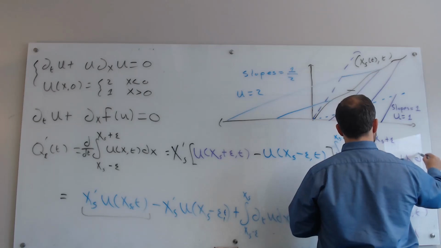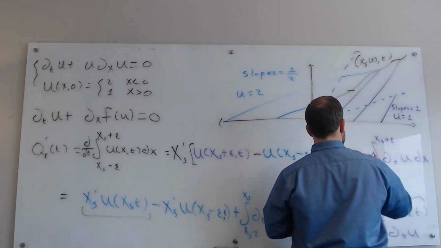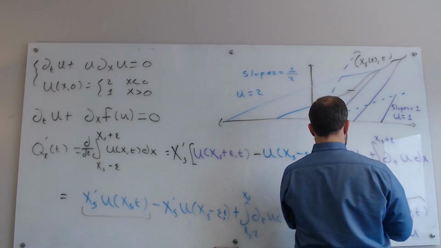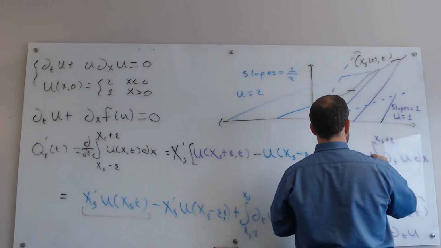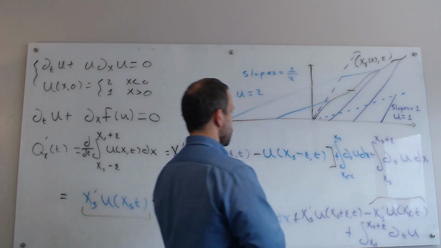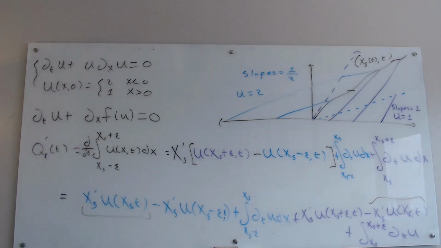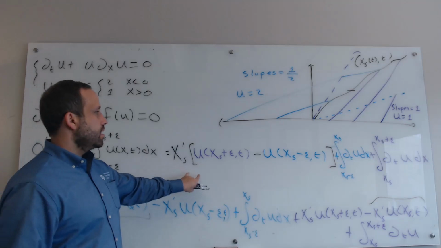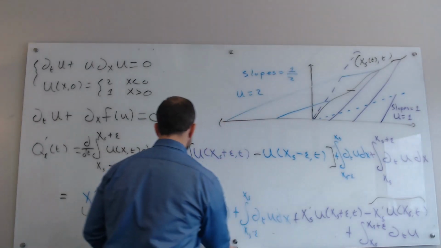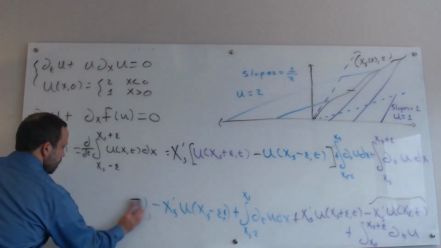Both of these integrals are with respect to dx. So now that's what we have here: xs of t times this, plus those two integrals.